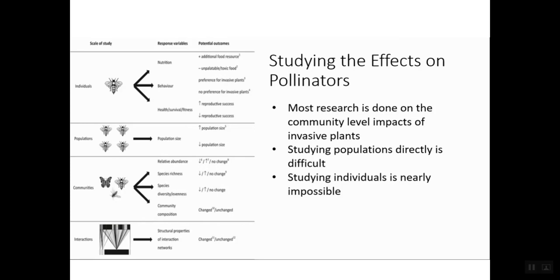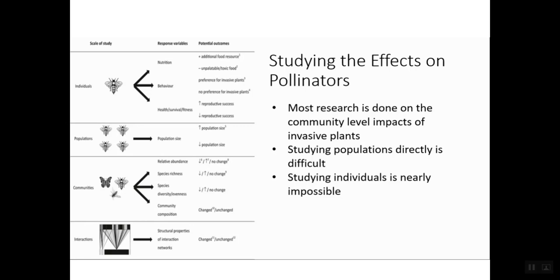Studying populations is pretty difficult. A lot of insects don't live in the open. They live in nests or underground or things such that way. So it's hard to do that without disturbing them and messing up your study. And studying individuals is nearly impossible because insects are very small and they're very fast, and it's very difficult to track them.